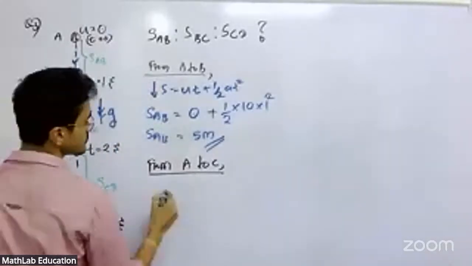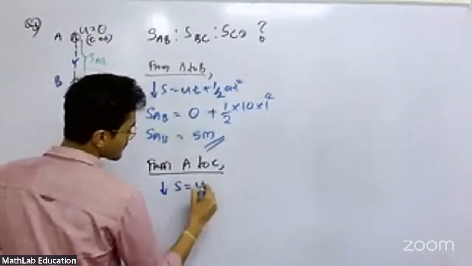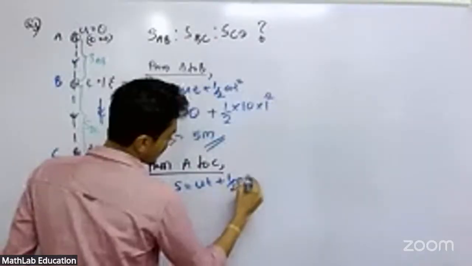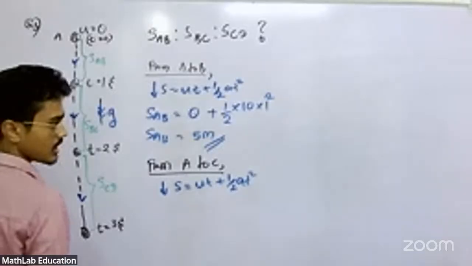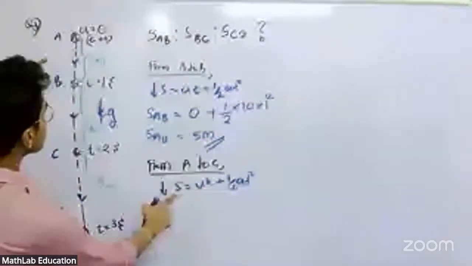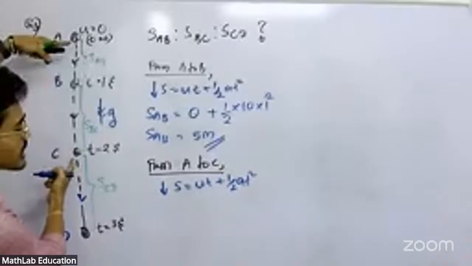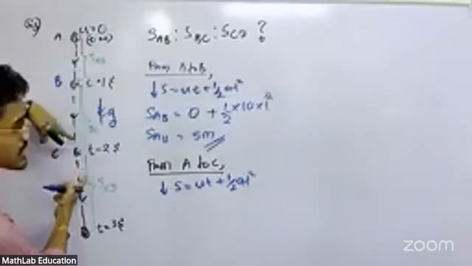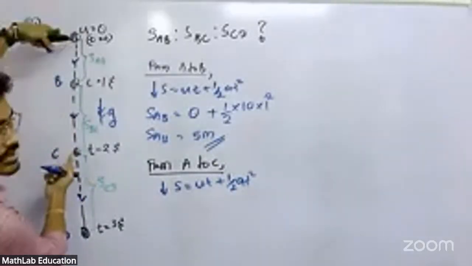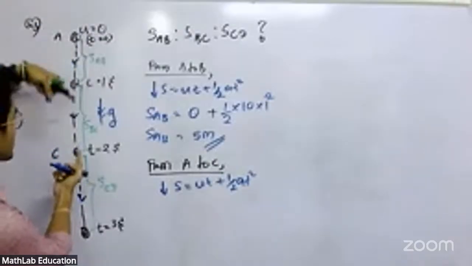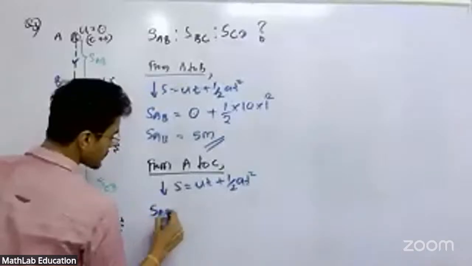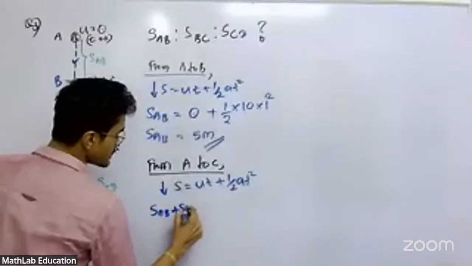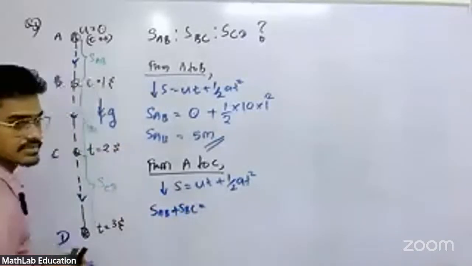S equals UT plus half AT squared. Now it measures all the way from A to C, and that is according to my labeling SAB plus SBC. Is that clear? All the distance from here to here is SAB plus SBC, the total distance.